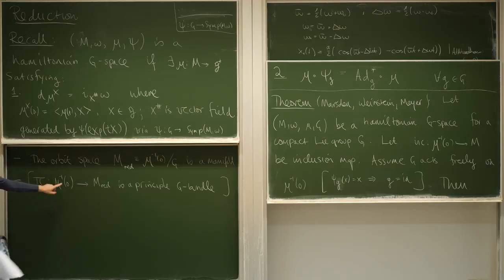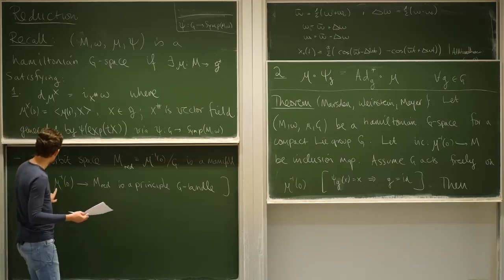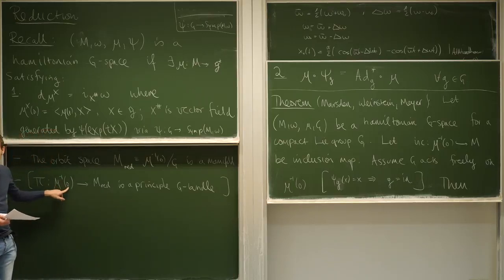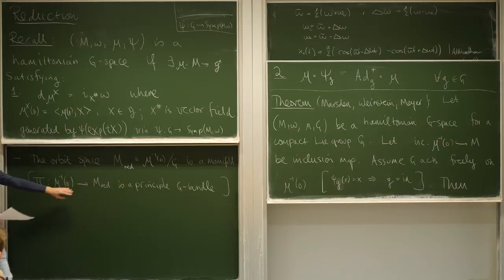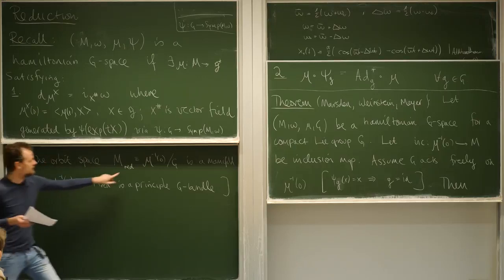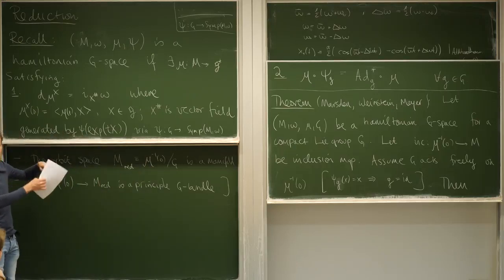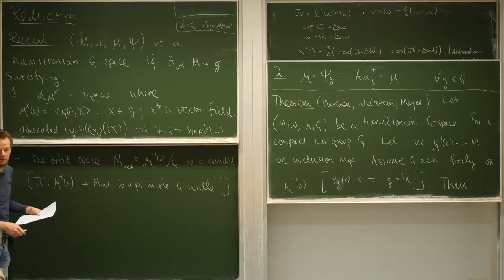So not only does this mu minus 1 of naught have a nice structure, its quotient has a nice structure, but this also tells us that locally mu minus 1 of naught looks like a product of some base space, namely this guy, and the group G itself. That's what this sentence there is saying.